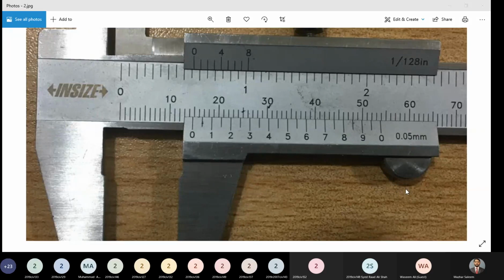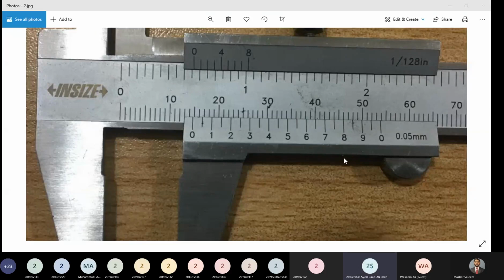So 15 is the vernier scale reading into 0.05 is the least count, and the sum of these two terms will give us 14.75 millimeters. So the reading shown in this picture right now is 14.75 millimeters. Is everybody clear about this? If you are not clear about this, please raise your hand. Yes, sir, we are clear about it.